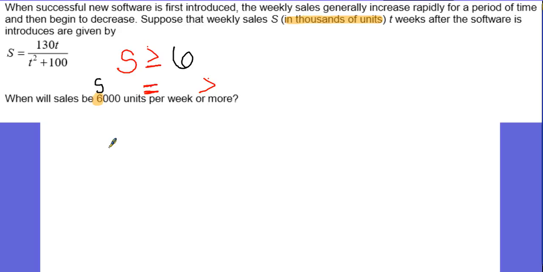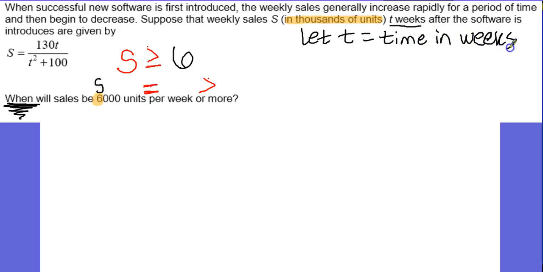What is our variable? What are we looking for? Keyword there is time. And our time up here is being measured in weeks. So we are going to let T, because our equation already has the variable in it, equal the time in weeks. So we definitely needed to define that.